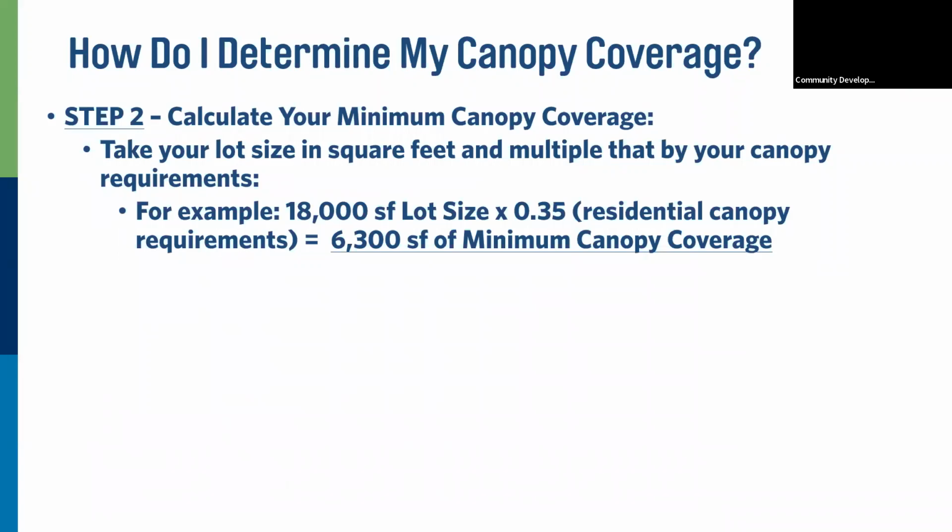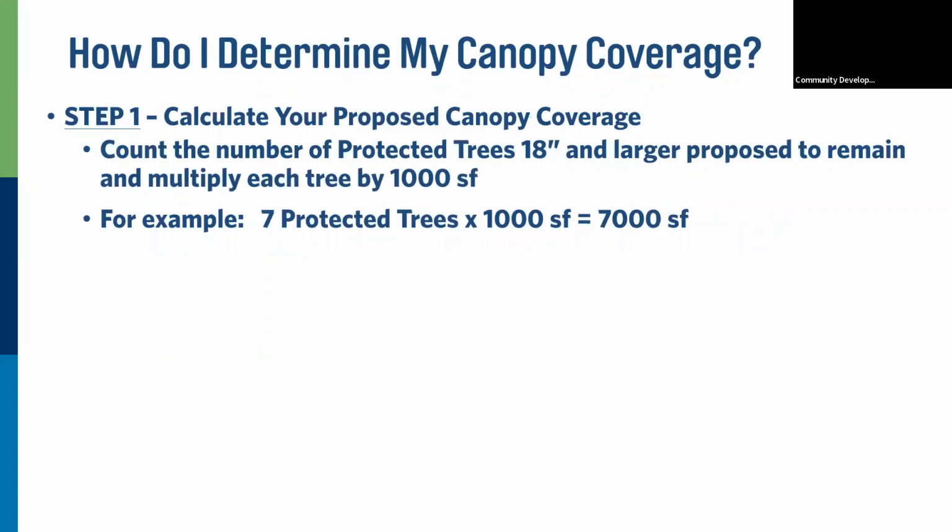So that's going to be 0.35 for residential. So if you have 7 protected trees, you'll have 7,000 square feet of canopy. And if you have an 18,000 square foot lot, then you would meet your canopy coverage requirements.